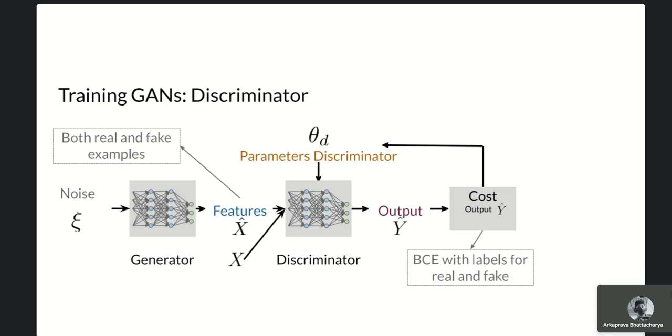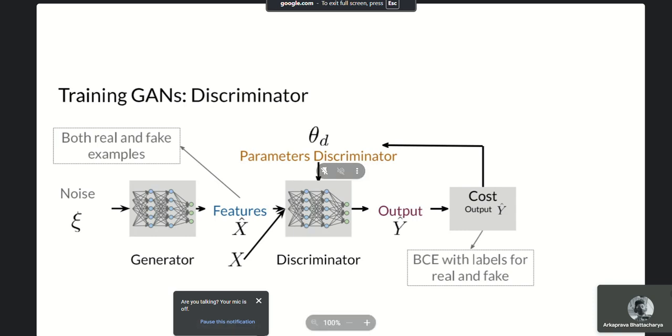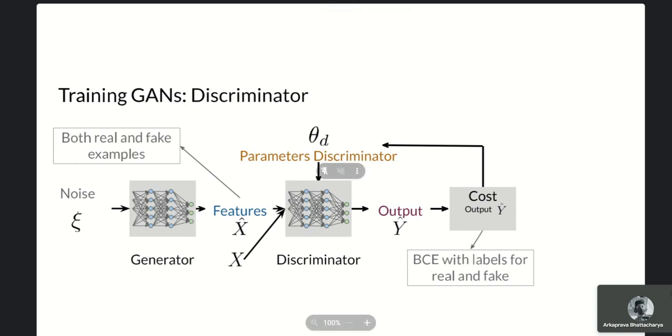So here we will see the generator. Again, it takes random noise as input and produces fake samples called X hat, which are fake images. These generated images X hat, along with some real images, are passed to the discriminator. The discriminator then generates probability Y hat, and this Y hat is compared with the actual labels of the images.